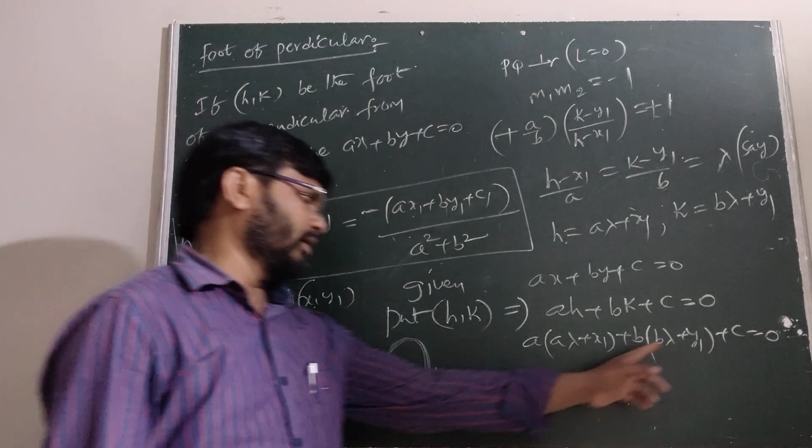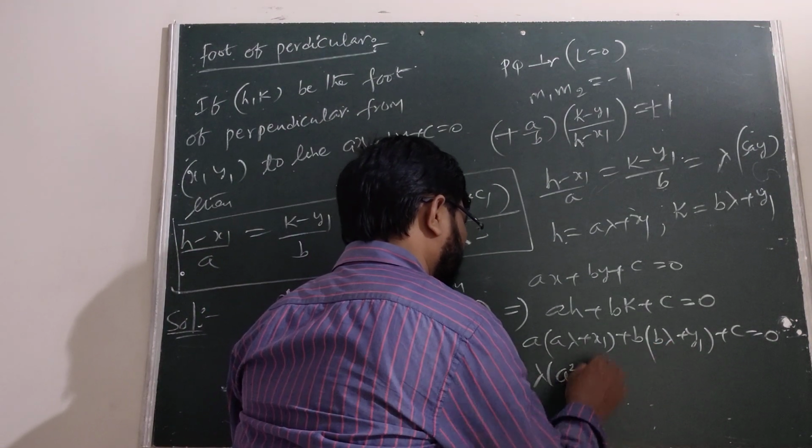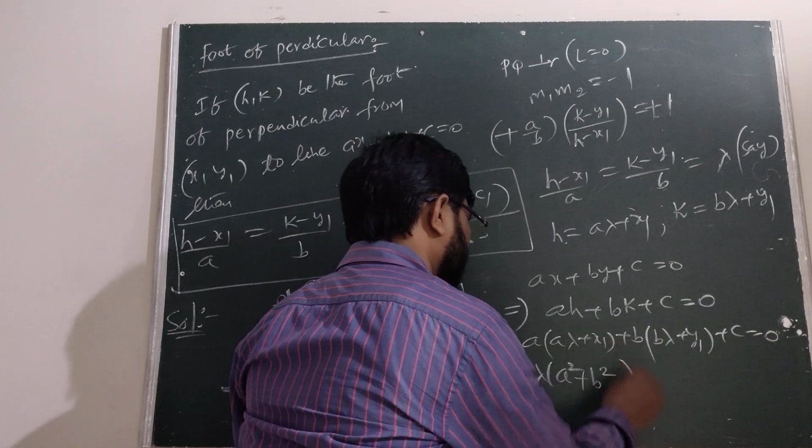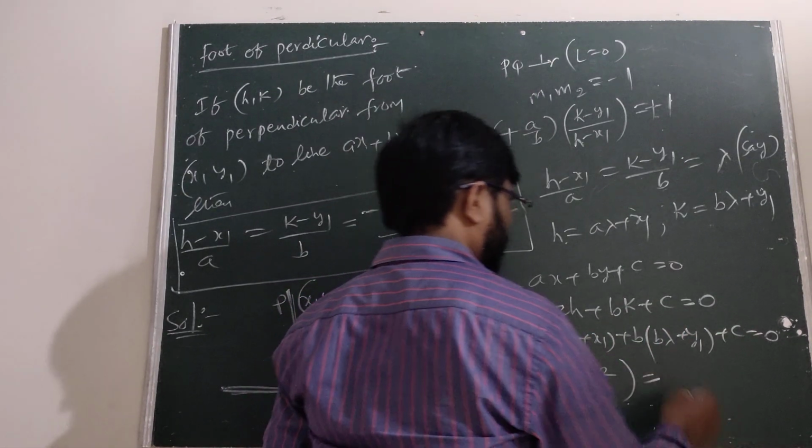Now lambda is common, giving (a square + b square) lambda, and then ax1, by1 and plus c.